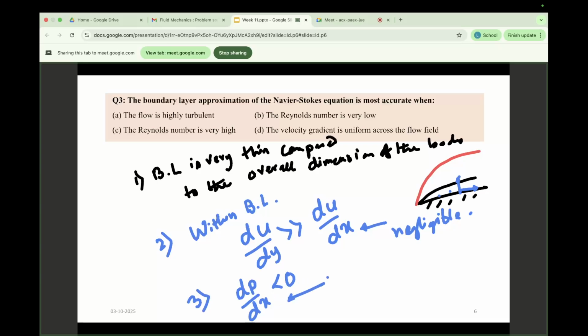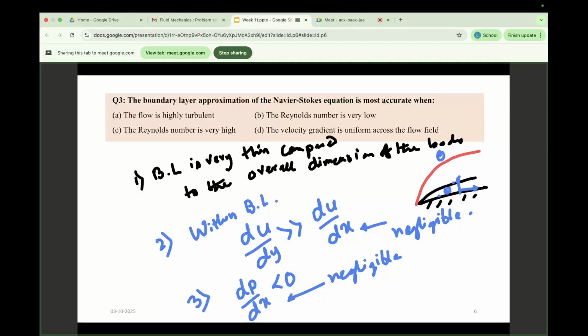That means the pressure and the velocity gradient along this axis should be negligible. But say this is the boundary layer: outside this boundary layer, the pressure will be quite different from inside, so there will definitely be a pressure variation. But inside this boundary layer, the pressure variation should be negligible.